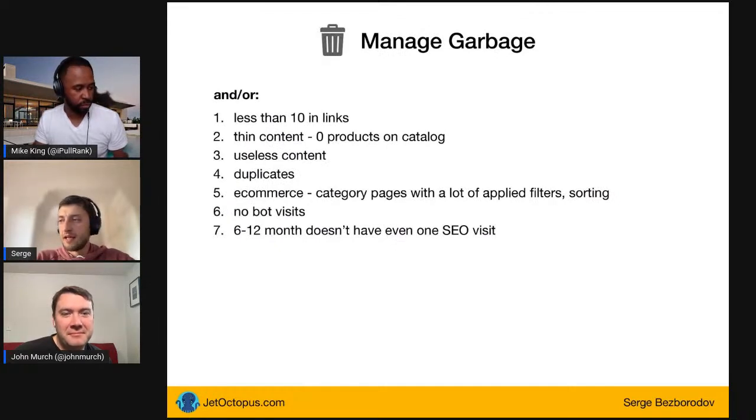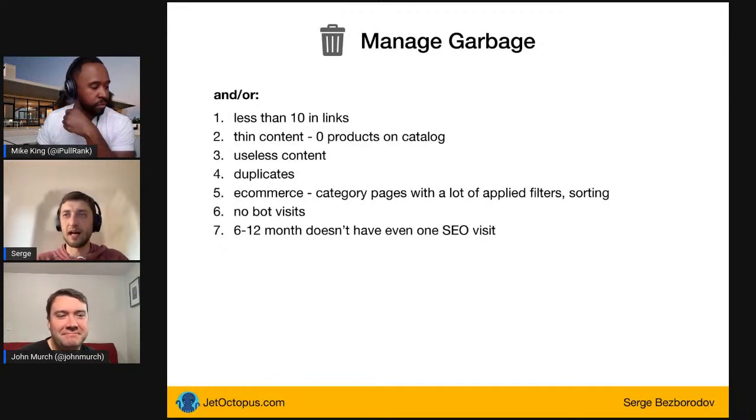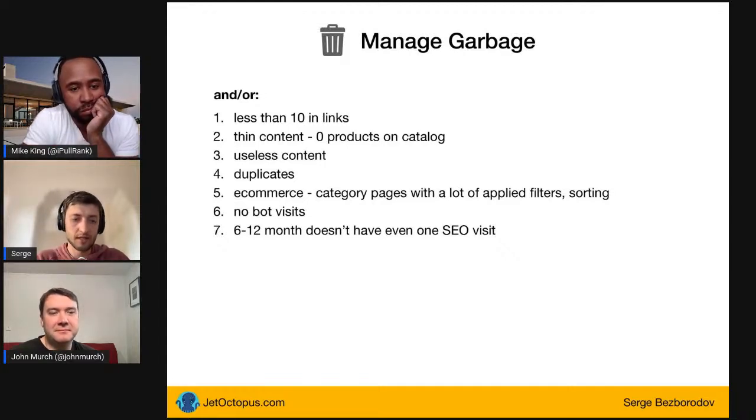Managing garbage is the first step here, because we saw a lot of cases when some of our clients came to us and said, okay, I have a big website, like 200,000 pages, and I need to optimize it. And like half a year after, I talked with the client, and they told me, we cleaned half of the website, we simply deleted it, closing it from indexation, and our picture became better, because as we all remember, Google understands your website as a whole.